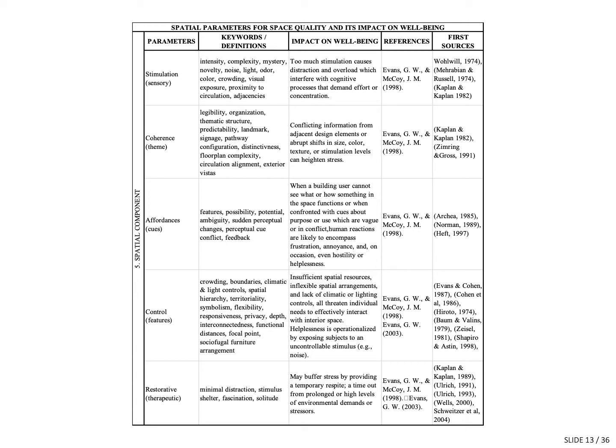Control means the ability to control the different features within a space, like climatic controls or lighting controls, or using different features of the building to help comfort individual needs. Insufficient control could cause helplessness, and uncontrollable stimulus like noise or external factors can greatly affect a person inside a space.